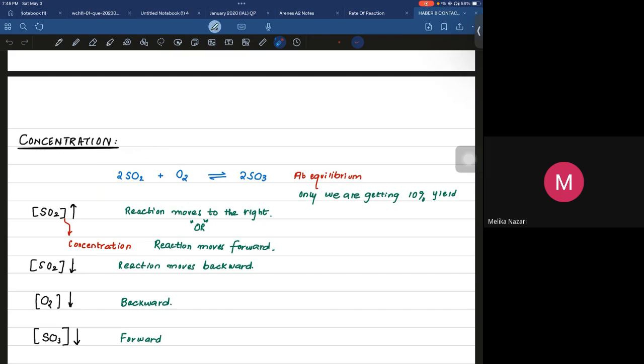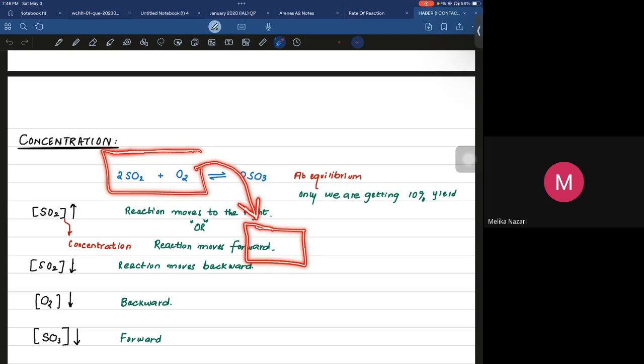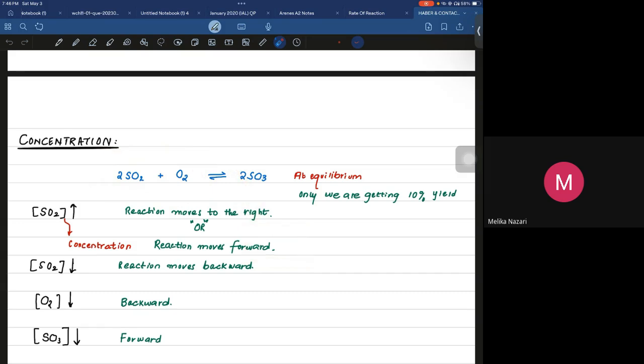After increasing the concentration of SO2, the reactant side is at a higher potential and the product side is at a lower potential. So the reaction would be moving from higher to lower, which means it moves forward, from left to right.